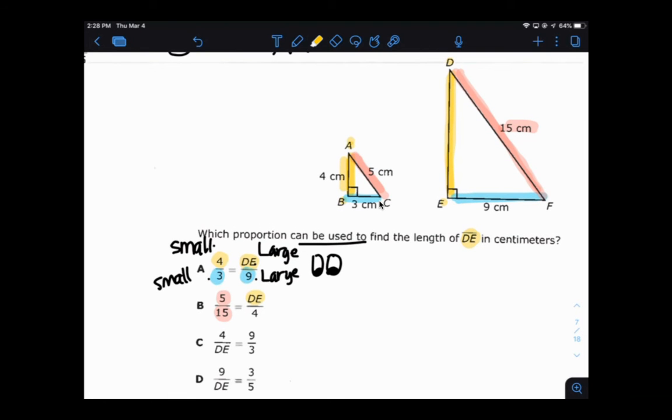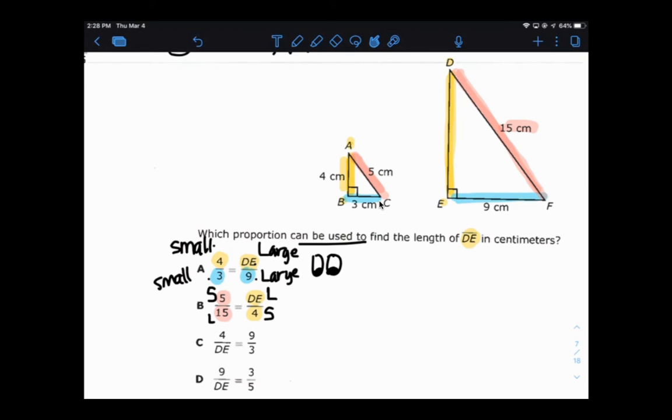And then 4, okay, it looks like it's a good proportion, but let's verify if they have their triangles lined up correctly. I know 5 corresponds to the small triangle, 15 corresponds to the large triangle. DE corresponds to the large triangle, and 4 corresponds to the small triangle.